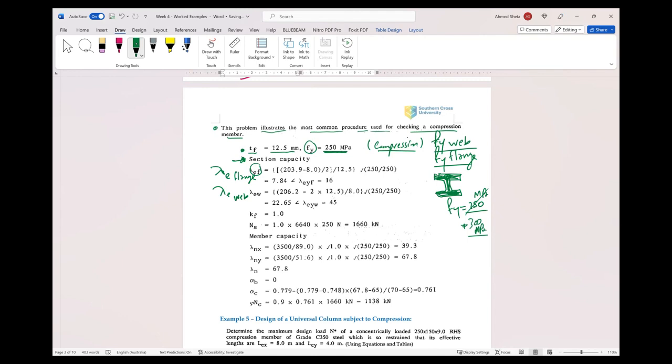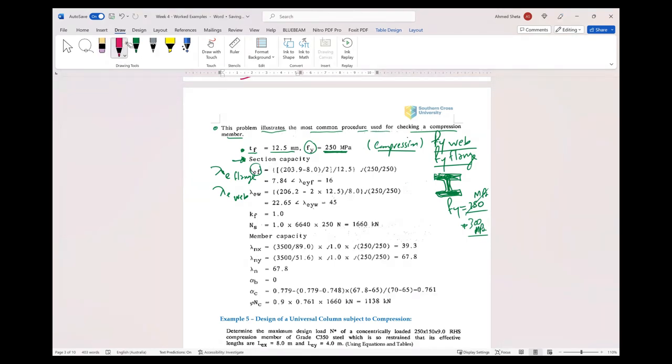The formula for this one is B over T times root F yield over 250. I will just remove this one and rewrite it here.